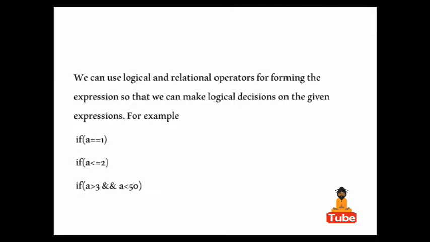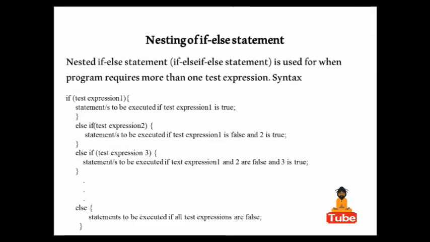So we can write a is equal to 1, or a is less than or equal to 2, or we can combine two conditions. As you can see here, we want to test any value that is greater than 3 and less than 50, and for that we are using the AND operator.